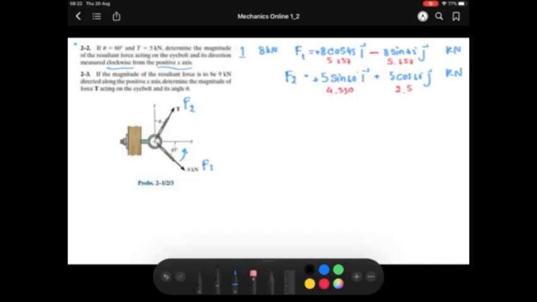So we continue with step number 2. You combine these terms together and these terms together.